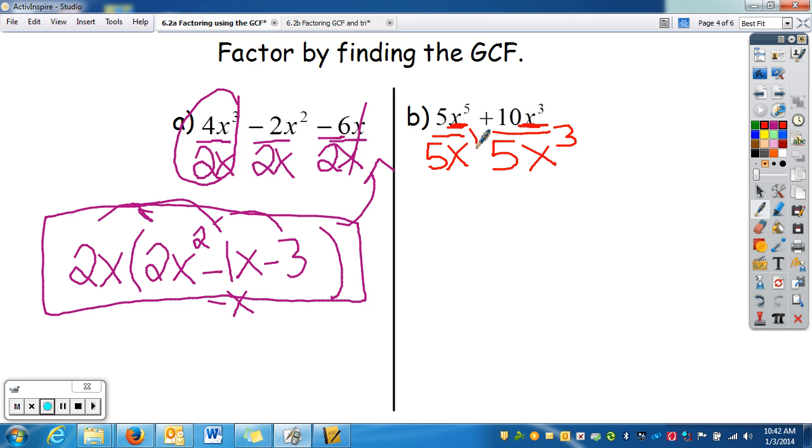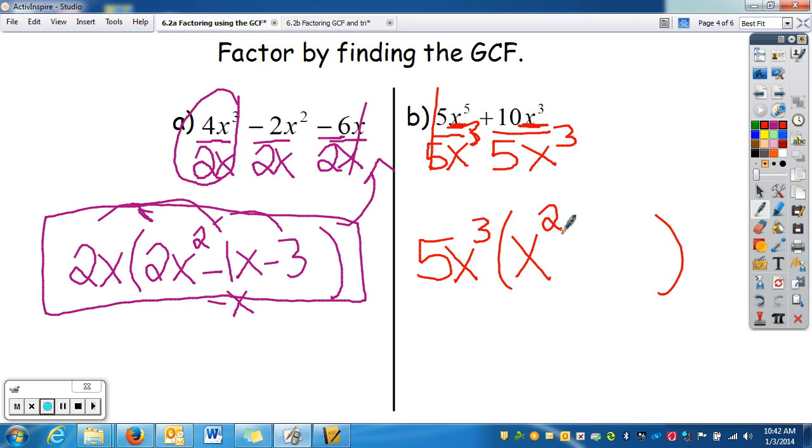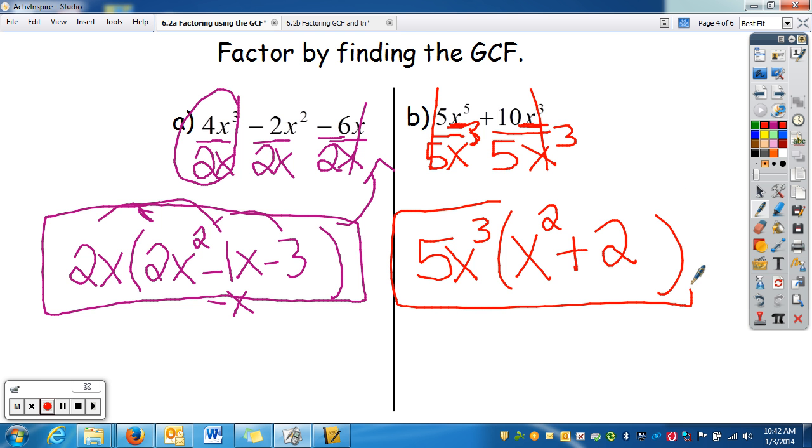Take out the highest amount of variables I can. So that tells me if I take 5x to the third, divide them out to get to my inside, my 5 simplified, I have 5 on top, 3 on the bottom, so that leaves me with x squared. And then 10 divided by 5 is 2. And then my x's simplify out. So that is my factored form.